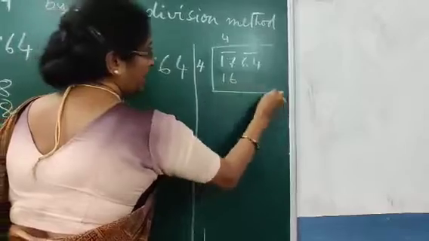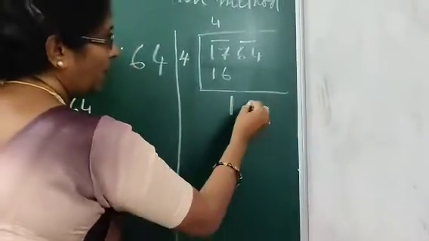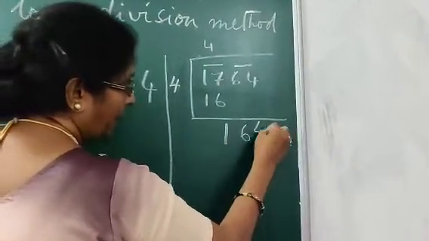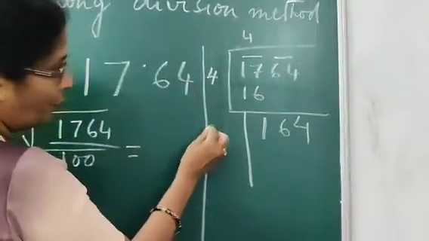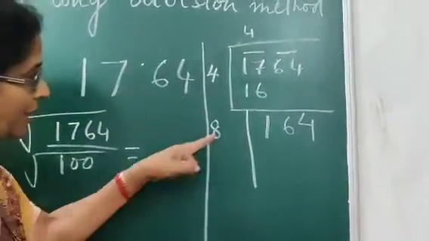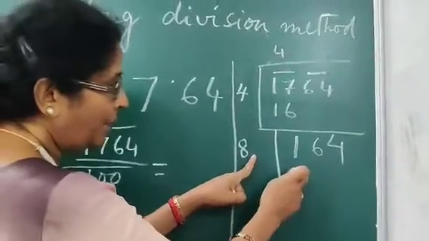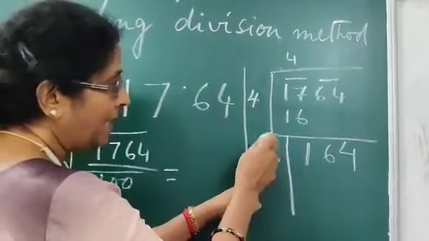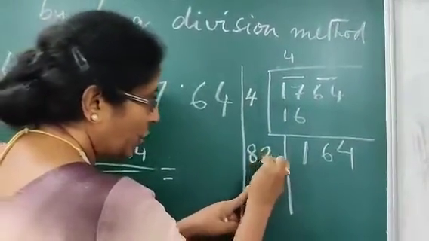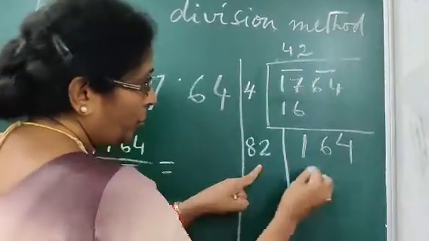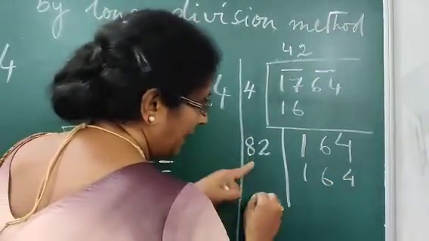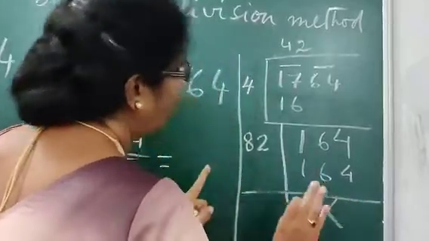Now the next remainder comes 1, then 64, another pair. Now double of 4 means 8. Now you have to think what number I can take here. If I take 2, then 2 2s are 4 and 16, and this sum will complete.